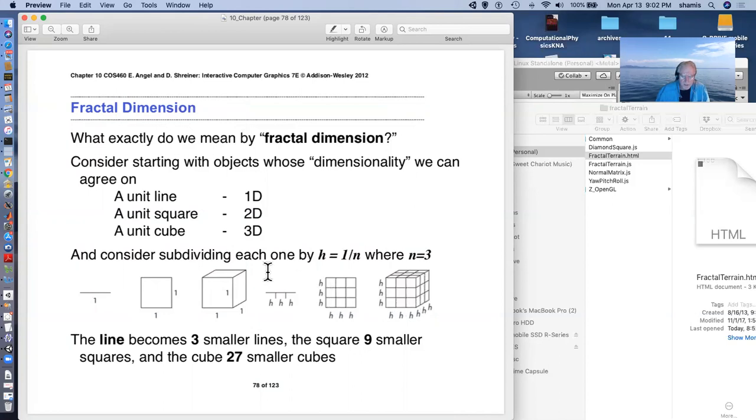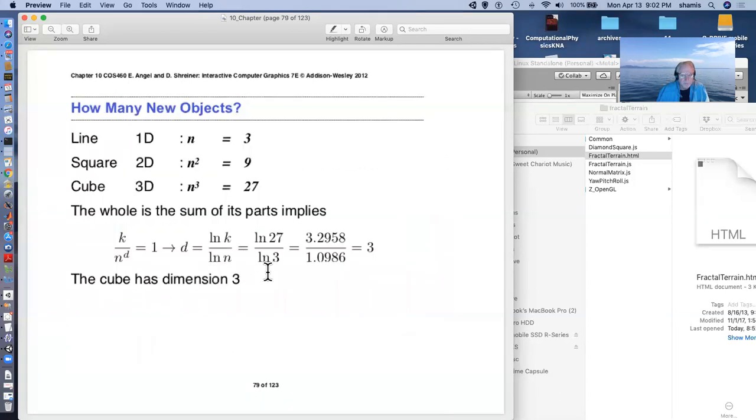27 little objects. So with the line, dividing it into thirds, we have n to the 1 is 3. With the square, we have n to the 2 is 9. And with the cube, we have n to the 3 is 27.